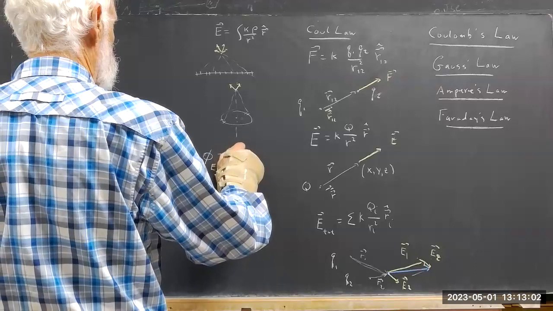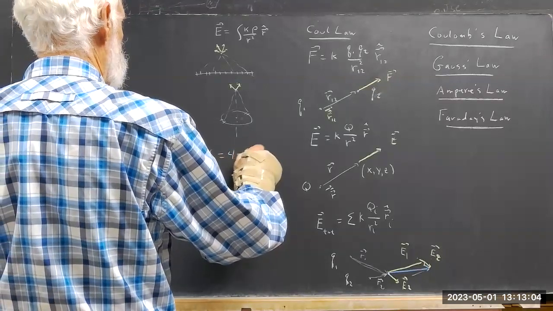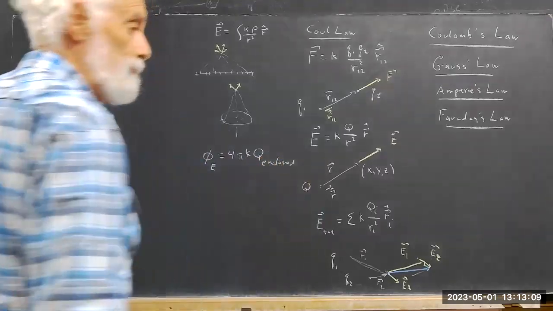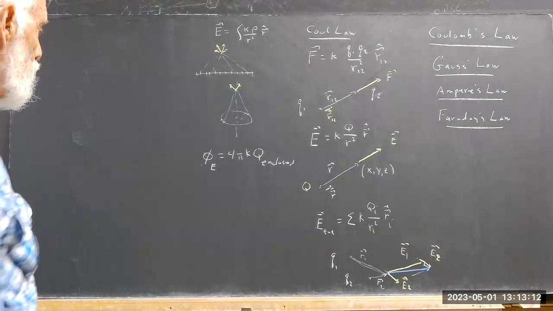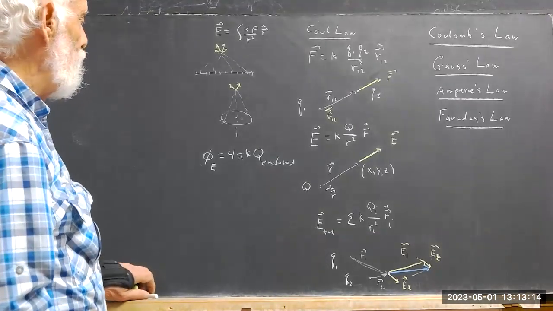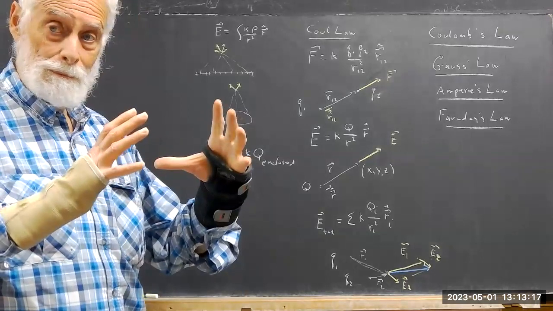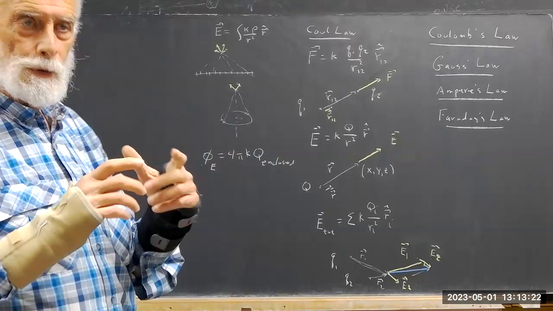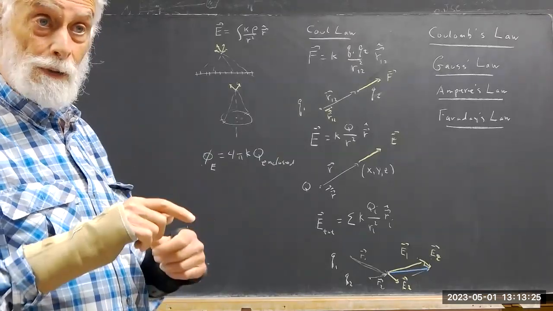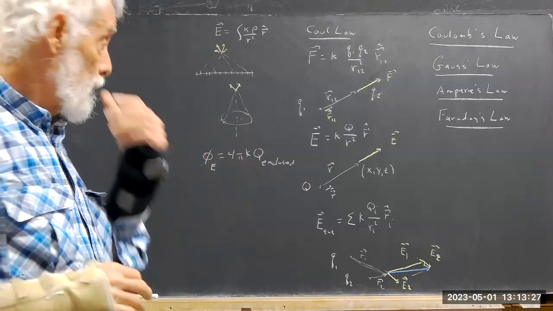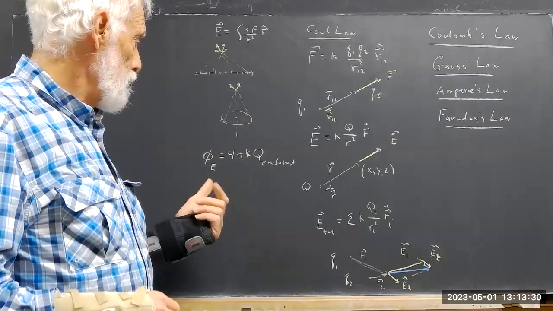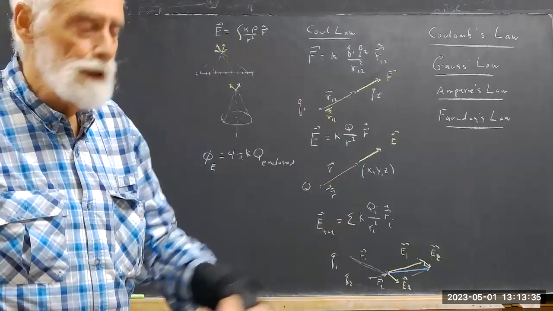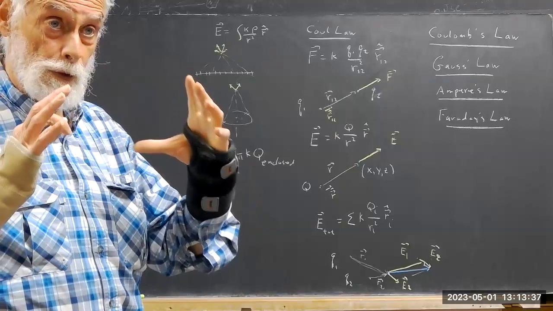Flux being the electric field is 4 pi K times the charge you enclose. So if you have a sphere with a charge distribution that's symmetric with respect to the center of the sphere, you know the magnitude of the electric field is the same at every point on the sphere.